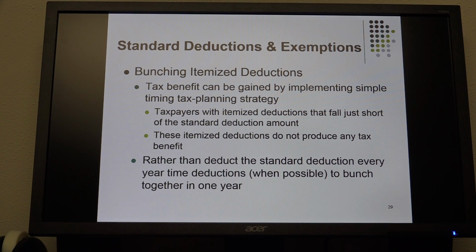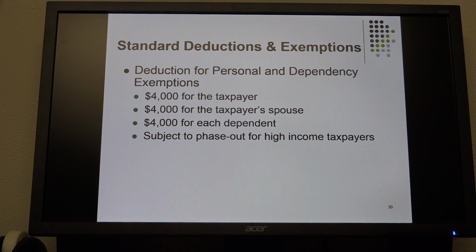If planned well, you could try to bunch, meaning incur all these itemized deductions in a particular year rather than spreading them out over several years where they may not be deductible or not as deductible. So just something to think about, but it's certainly possible to do so if you plan ahead.